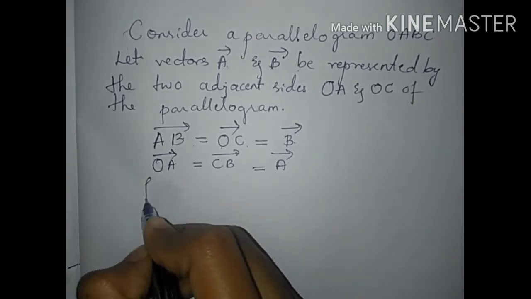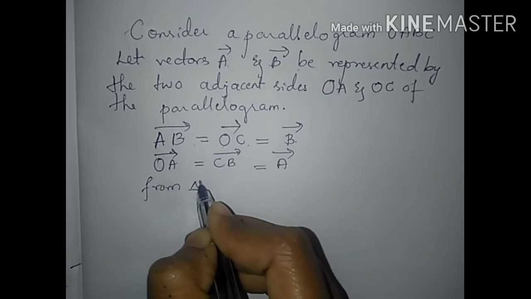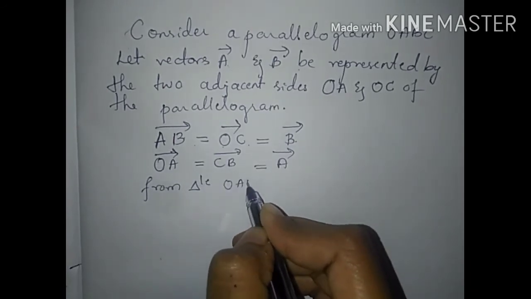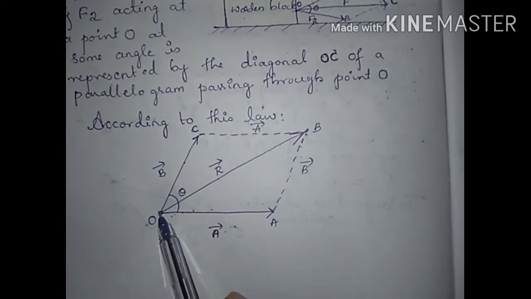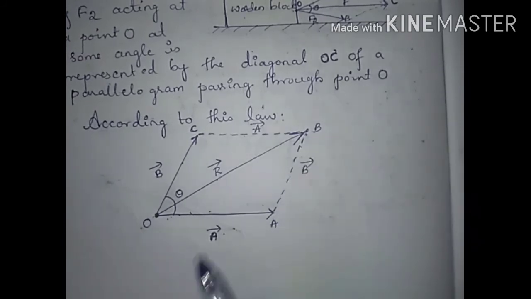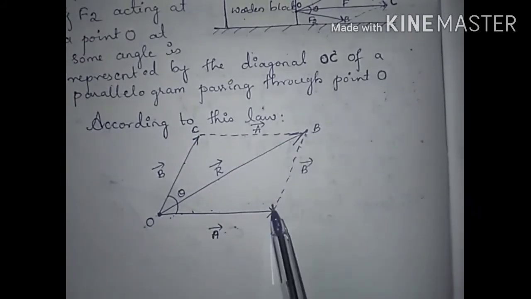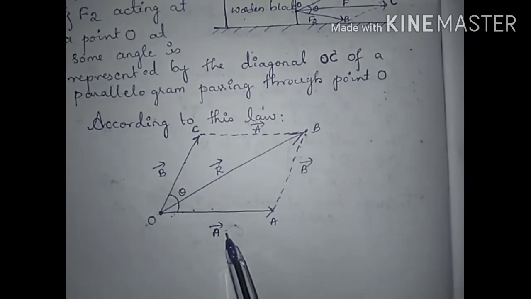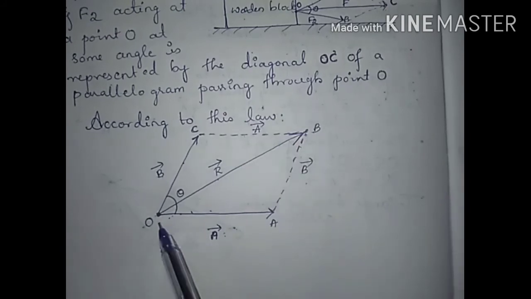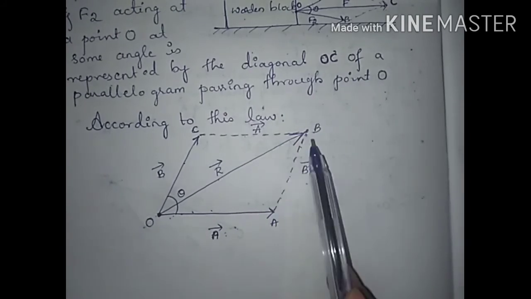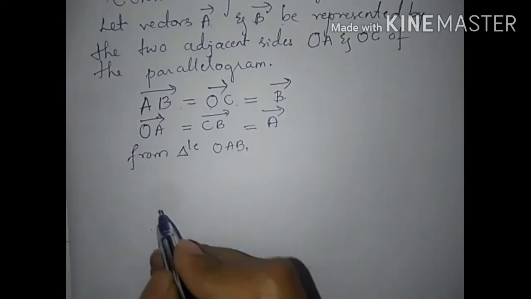Now from triangle OAB. So if you see, you have a triangle OAB here. So this triangle has the side vector A and vector B. So the resultant of this triangle can be given as what? The OA plus AB.